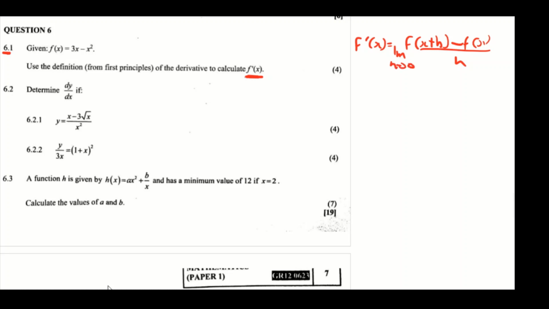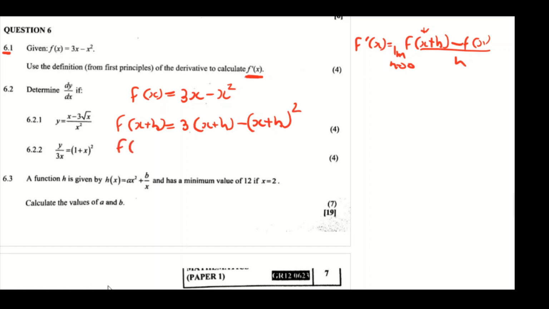So let's first find f of x plus h. Where f of x is equal to 3x minus x squared, f of x plus h means where there's x you put x plus h, so 3 times x plus h, minus x plus h all squared.